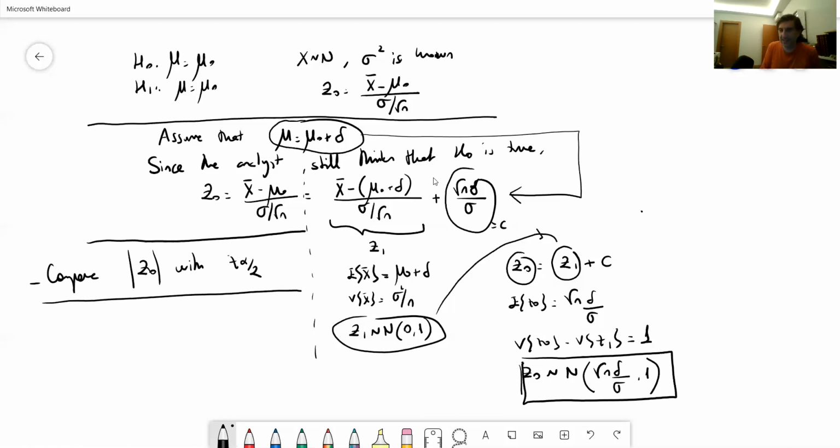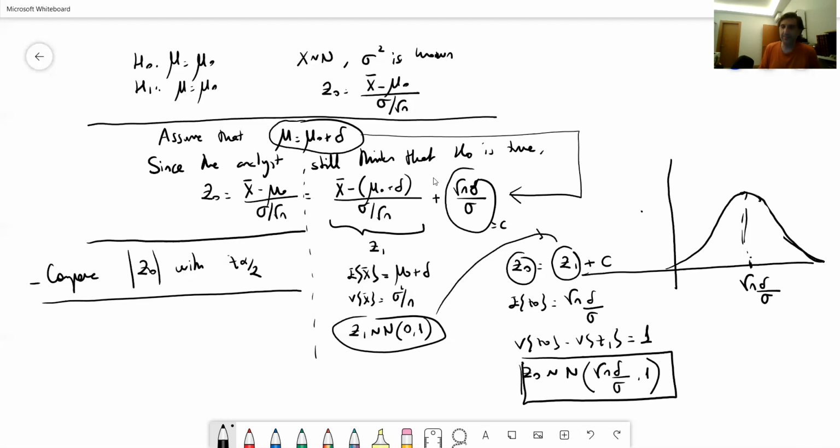And this person, who knows the ultimate truth from his or her perspective, this is actually what's happening. We now have a Z0 distribution. Our statistic is going to have this distribution. So he knows that this is going to be around that expected value, which is equal to square root of n delta over sigma.